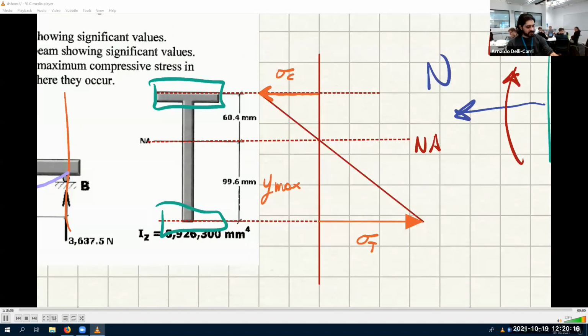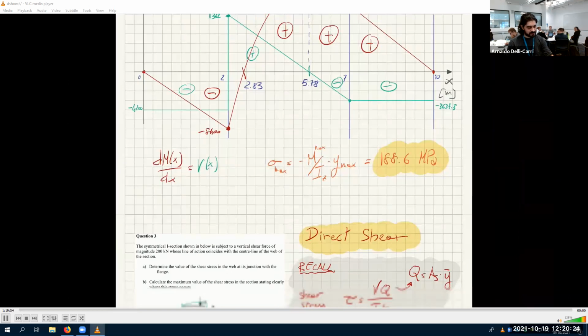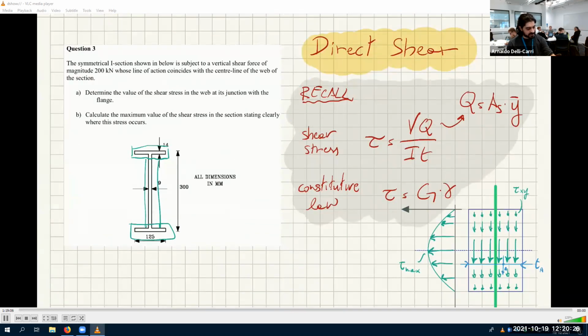And that means I don't need a thick web. I need a thin web. If the beam is only to be loaded in bending, the material needs to only exist far away from the centroid, because that's where the material is required to resist the stress. That's why we have thick flanges and thin webs. That's only if you're using the beam for bending. Because if you're using it for any other thing, the thin web might cause issues. Right? All right.